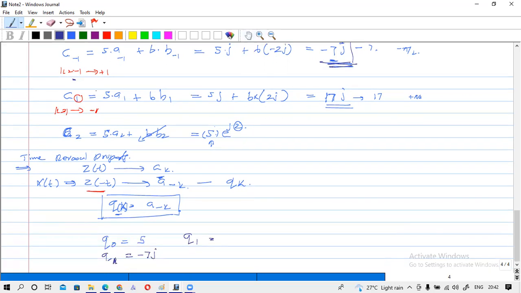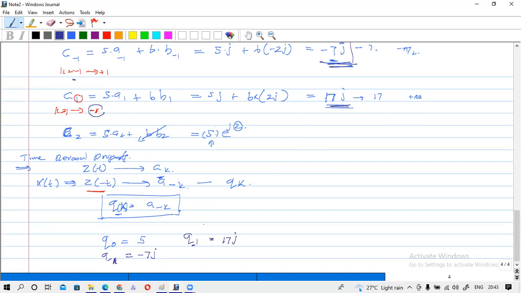Here we are going to find q minus 1, because k is equal to 1 so we have to get the minus 1. So q minus 1 will be 7j.